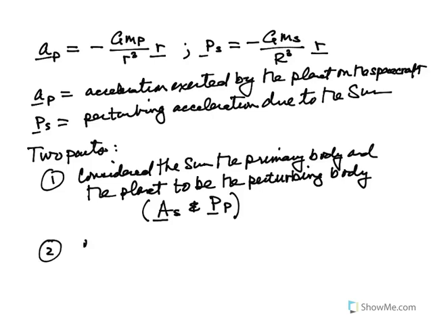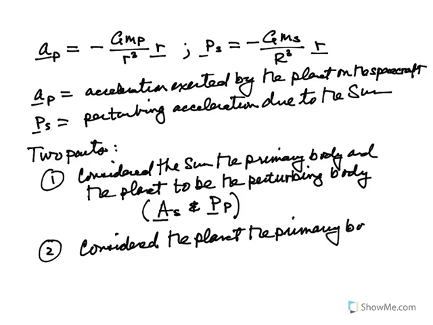The second case is we considered the planet the primary body, and the sun to be the perturbing body.